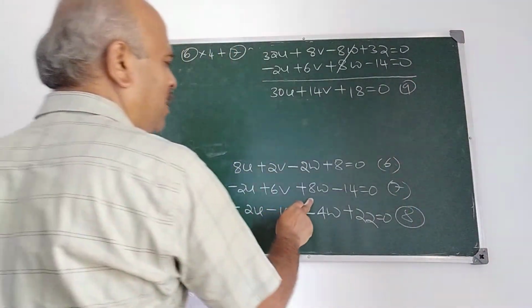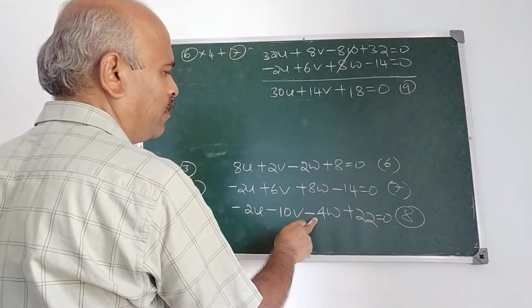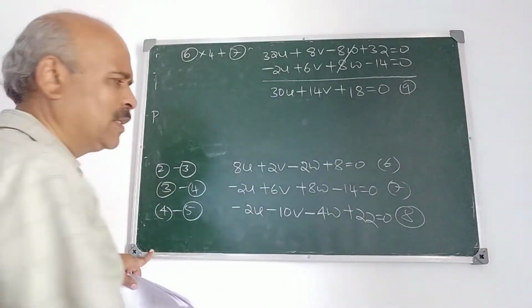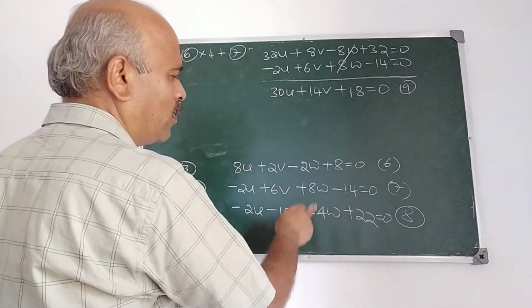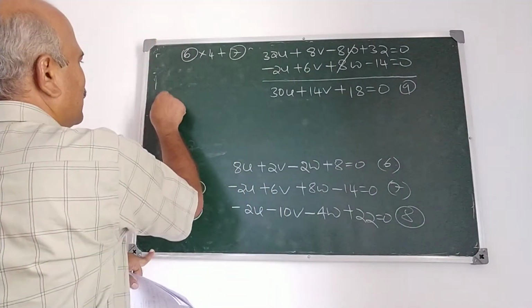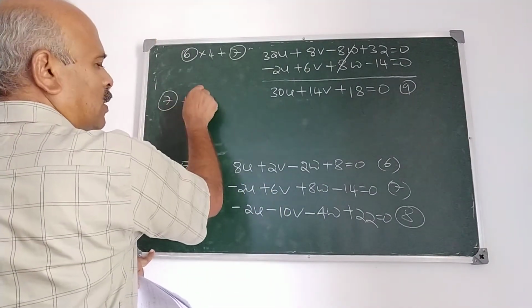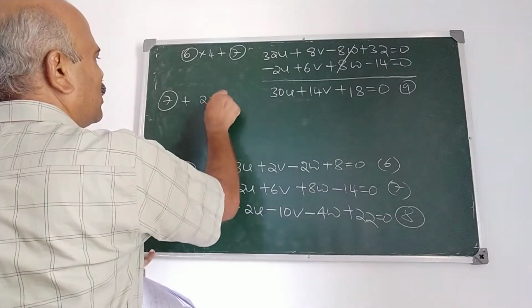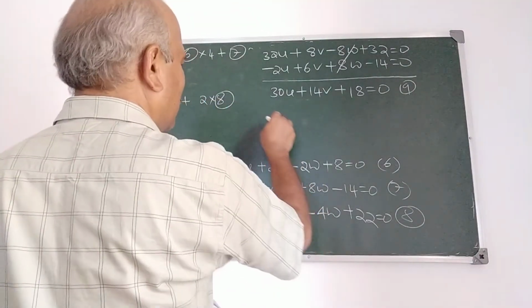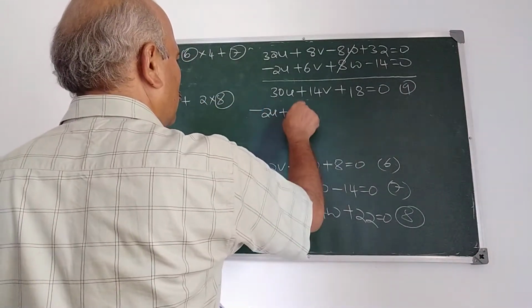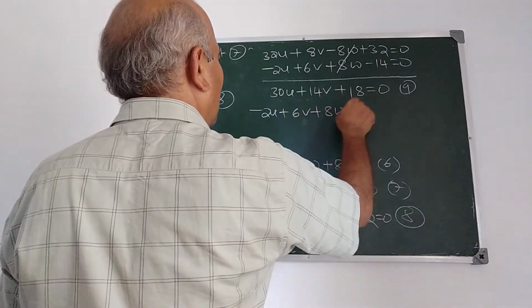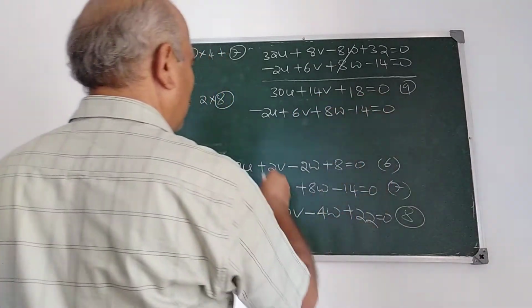Next, eliminate w from these two. This is the common procedure. How do you eliminate w from these two? Equation 7 plus 2 into equation 8. What is equation 7? Minus 2u plus 6v plus 8w minus 14 is 0.